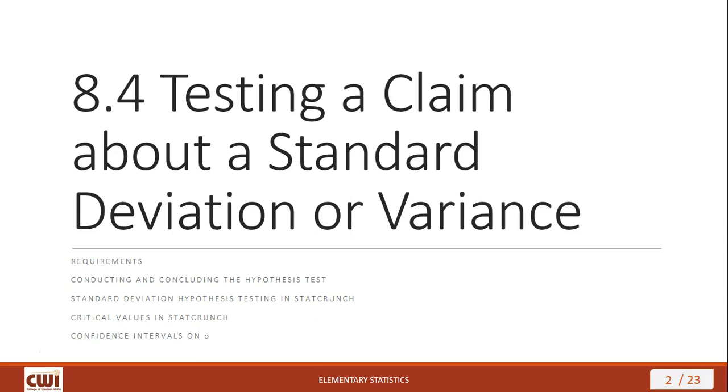We'll get into some of the details of conducting and concluding the hypothesis test. Look at some tips for using StatCrunch for conducting hypothesis testing on standard deviations, as well as how to calculate critical values in StatCrunch. And we'll conclude with a brief look at using confidence intervals on the population standard deviation.